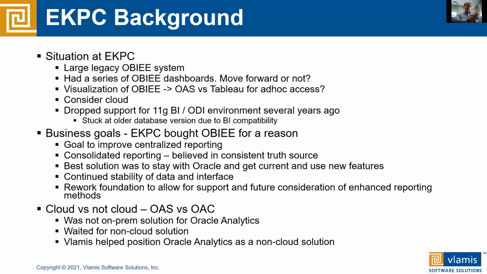So at that point in time, we dropped support for our OBIE system. It was working well. It was still meeting all our needs. So dropping support had some other issues it brought along. That version of BI with its database requirements kind of stuck us with an older version. At that time, we were on 12.1, and we still are because of that system.